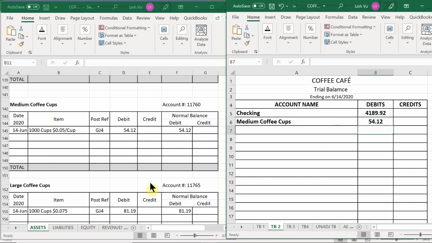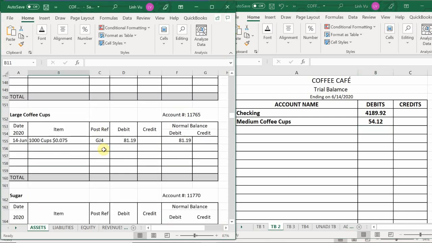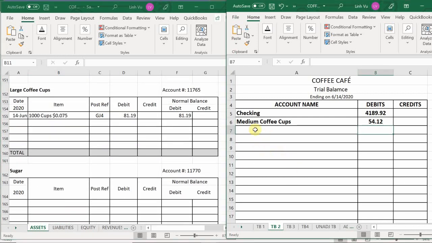We have the large coffee cups for 81.19.